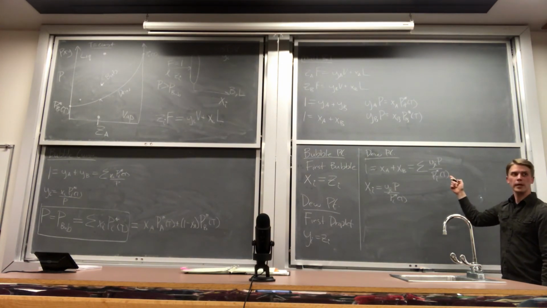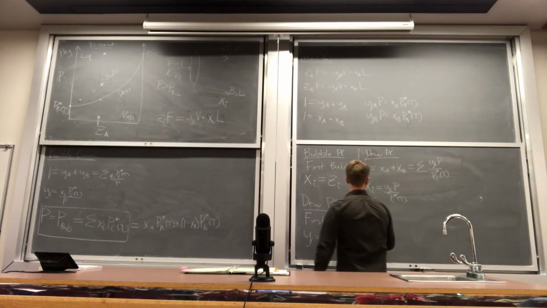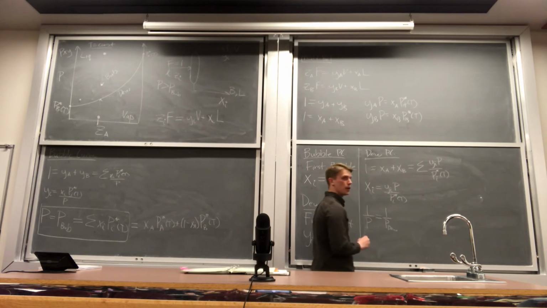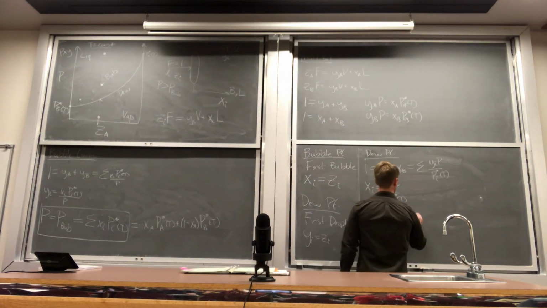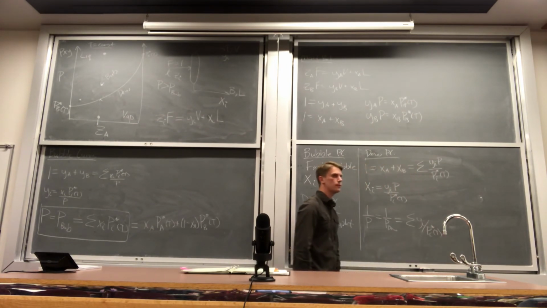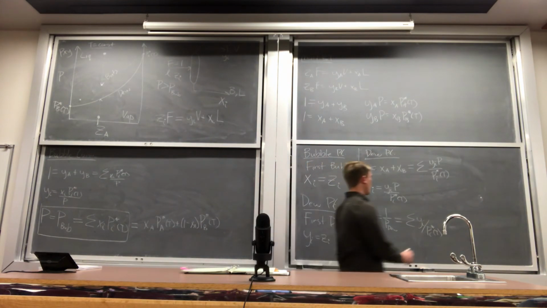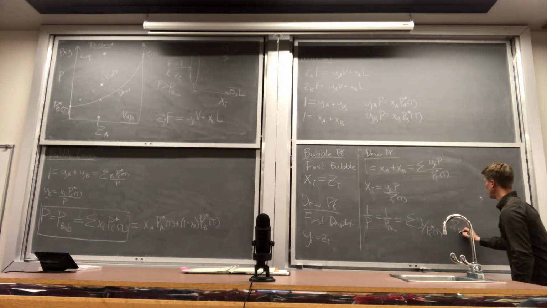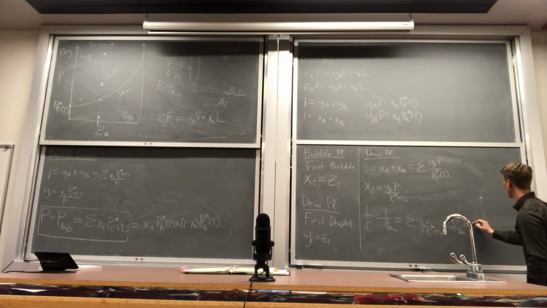Now I just need to solve for P. So 1 over the pressure, which is going to equal 1 over the dew pressure, is going to be equal to the summation, but more generally we rewrite this so that it says P dew is equal to 1 over that summation.